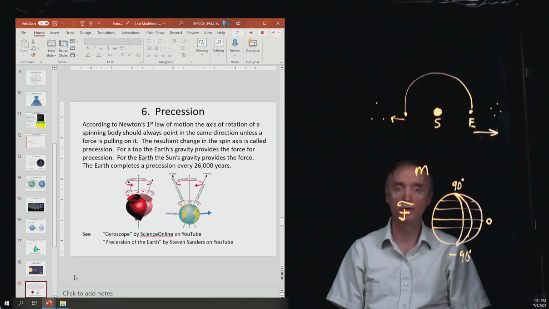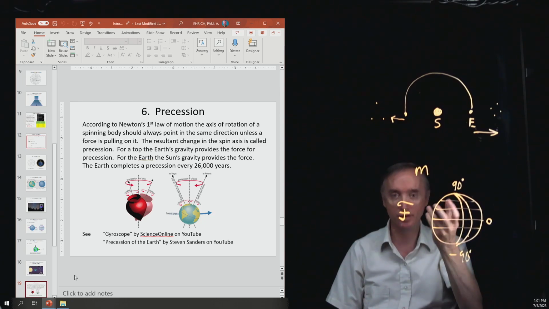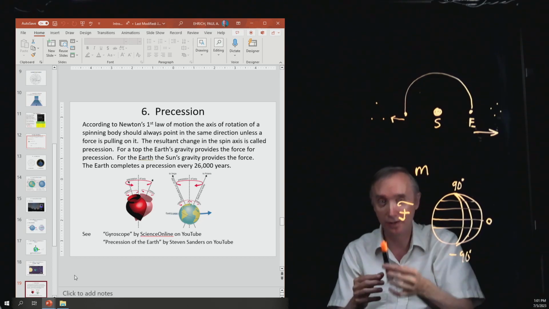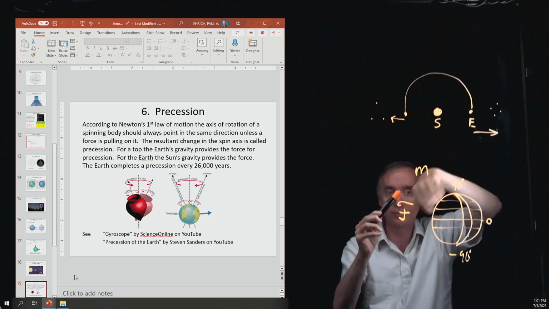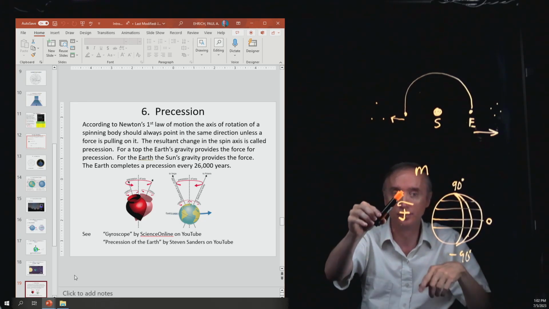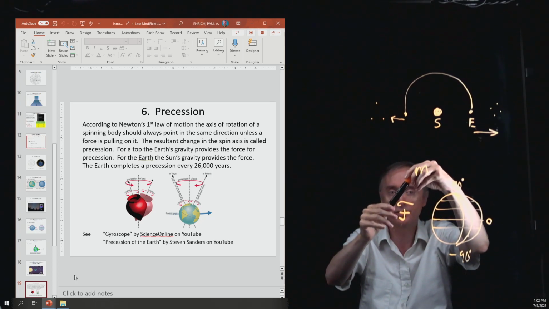Okay, then you also need to know about precession. Now, you don't need to know about the mathematics of precession. However, you do need to know what precession is. Okay, so if you have a spinning object, and you wrap a string around it, you pull the string, you put it on the table, okay, it's going to be spinning like this.